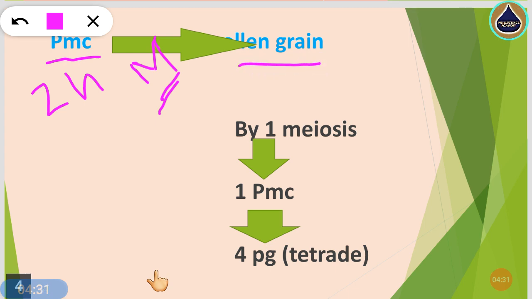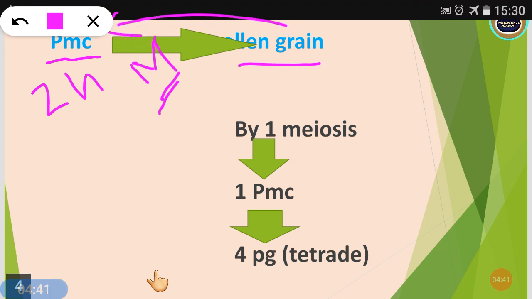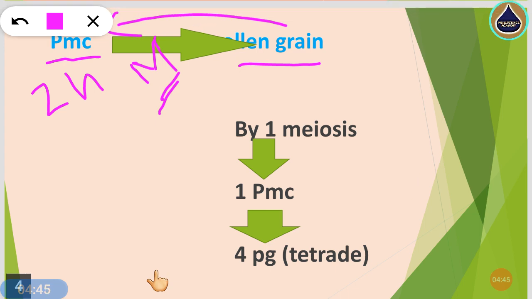So simply, I hope you are understanding what a pollen grain is, and that male gametes are formed in the pollen grain. This pollen grain is formed by the pollen mother cell, by the process of the meiosis type of cell division, which is a reduction cell division.